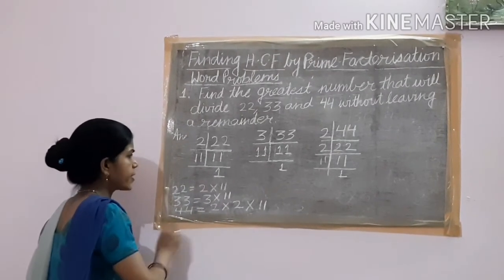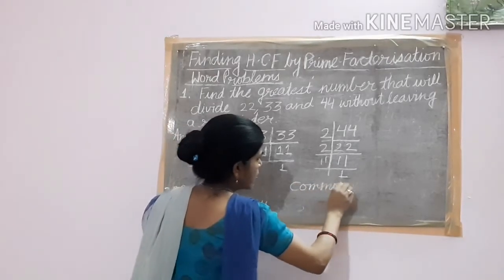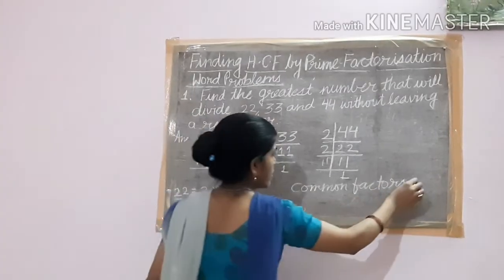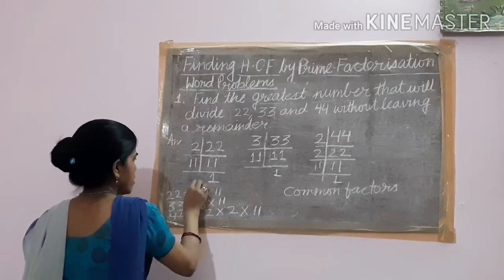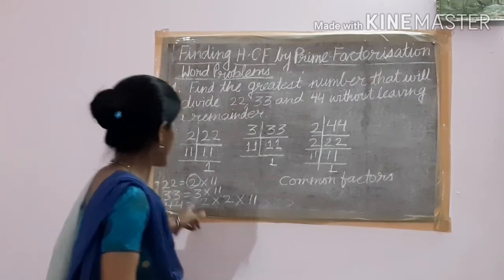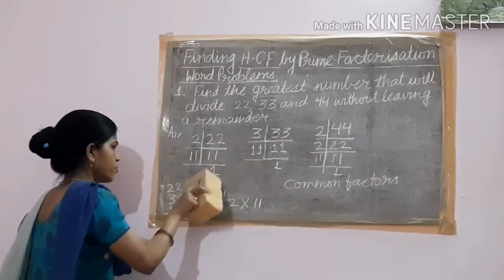The common factors, now we have to find here. 2 is here, but 2 is not present here. So 2 is not common.